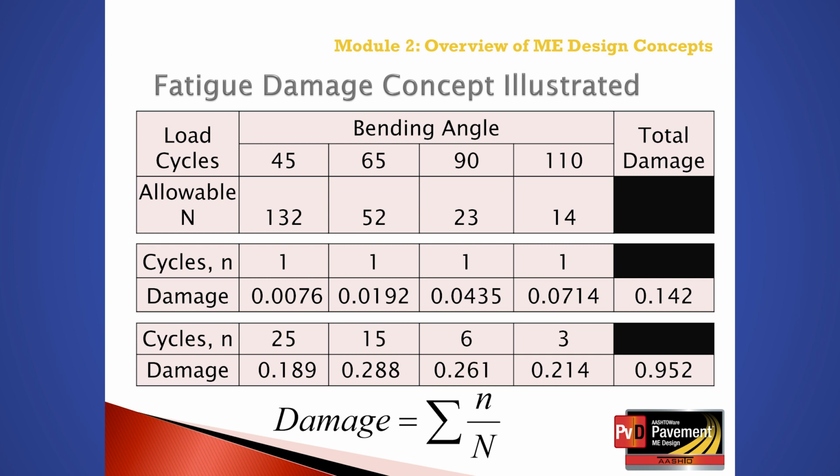The damage from the actual number of bends is tabulated along with that damage for all bends or load cycles combined, which is 0.952. Thus, based on the average condition or a 50% reliability, the paper clip should not break. When the total damage exceeds 1.0, then the paper clip should break or fail.